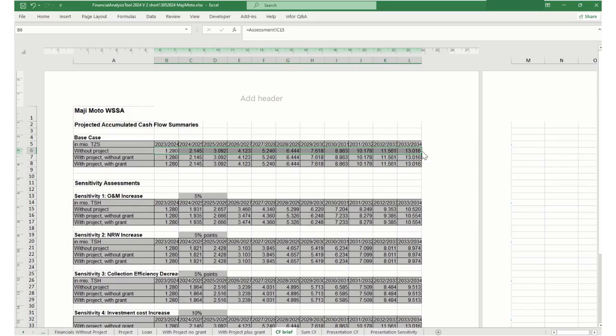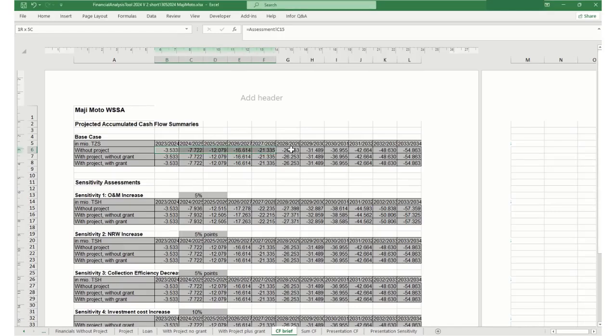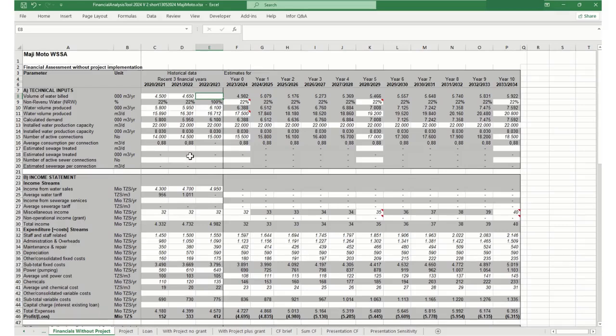You can see that in the case of Majimoto, the cash flow is positive. If your cash flow is negative in an isolated year, this is not necessarily a bad thing as long as it's not chronic or long-term. It may mean an unusual expense or a delay in receipts for that period. However, if your cash flow is continuously negative, this means that you cannot cover your expenses from your ordinary operations revenues.